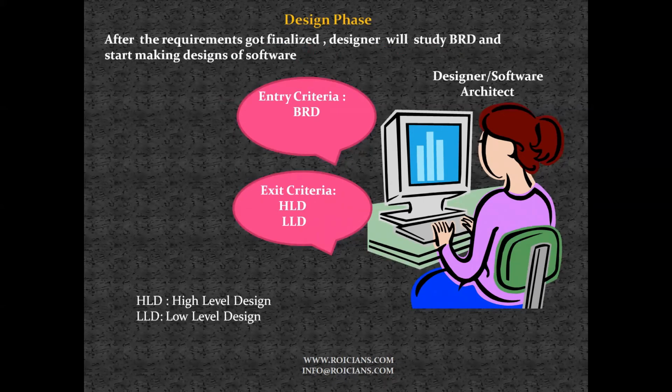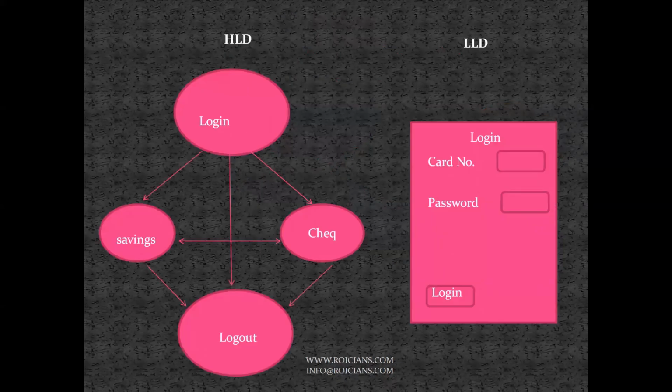I'll give you a complete explanation of HLD and LLD. HLD means high level design, as I've discussed with you. High level design means how one module is going to interact with another module of a software. Let's say I'm creating an HLD or LLD design for online banking software. First the user can log in. After login, the user can move to the saving account or checking account, or he can log out.